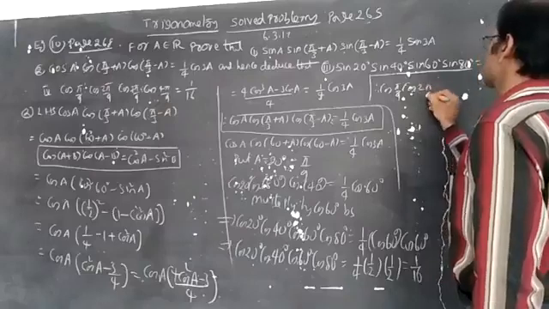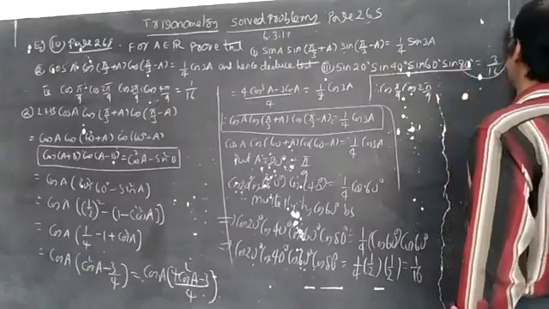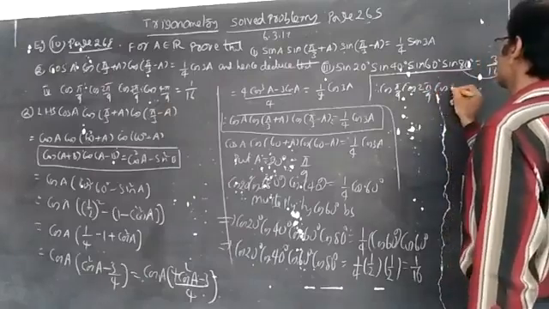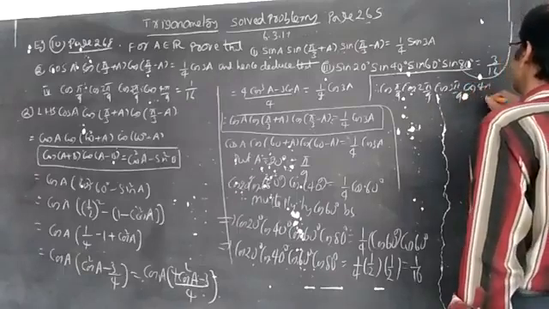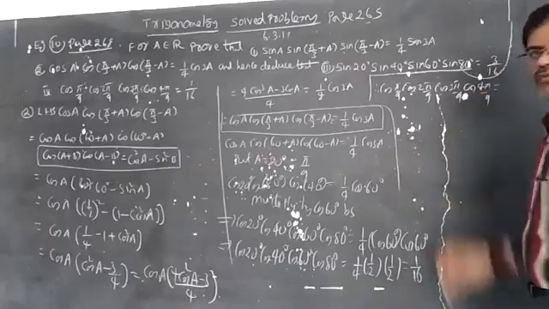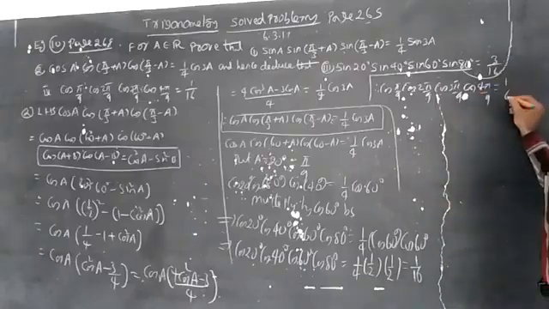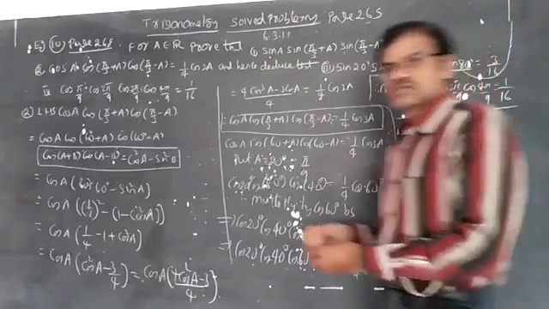Therefore, cos π/9 into cos 2π/9 into cos 3π/9 into cos 4π/9 is equal to 1/16. This is the sum.